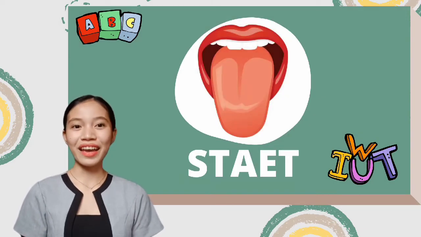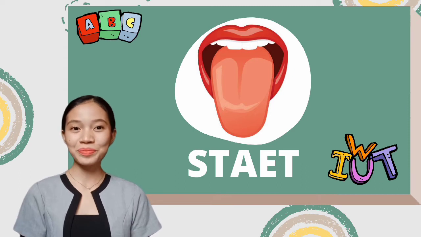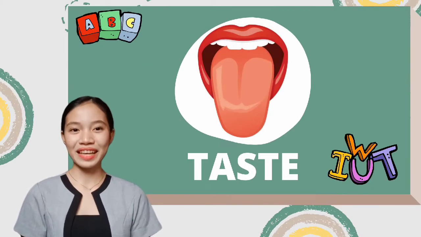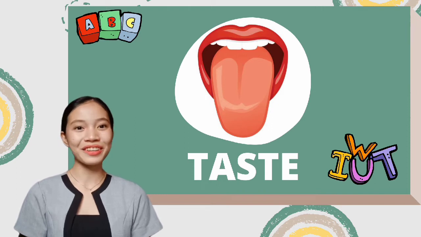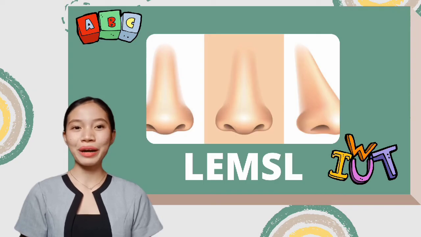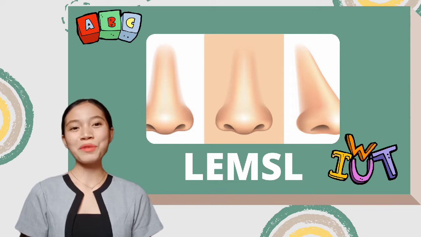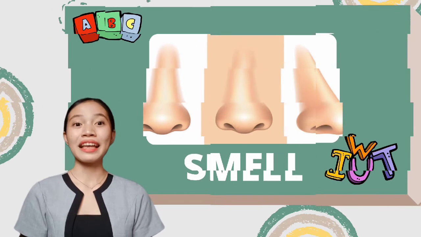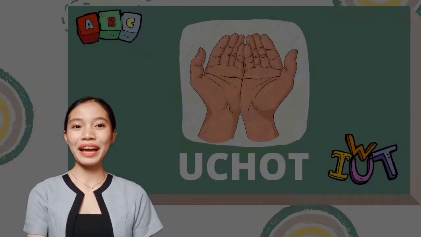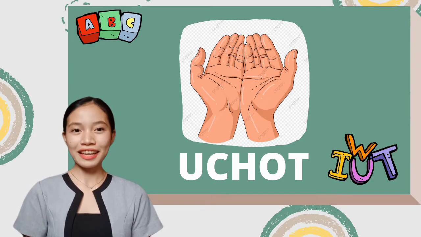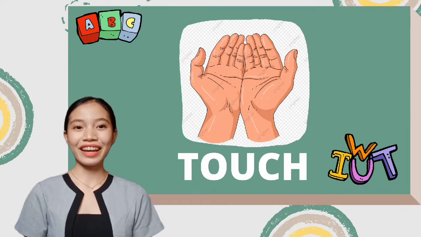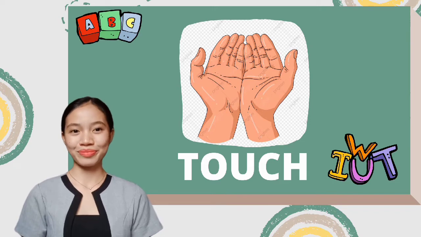Our tongue, and we are using our sense of taste to know if it is delicious or not, right? For the next one, what do you think it is? Our nose, and we are using our sense of smell. For the last one, what do you think it is? Our hands, and we are using our sense of, you're correct, Claire, our sense of touch.